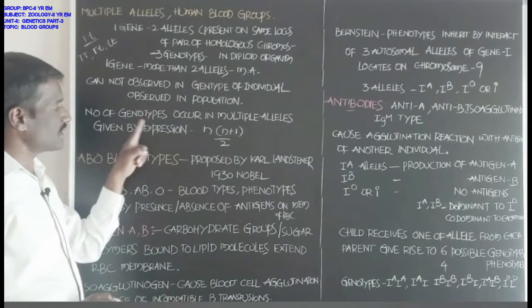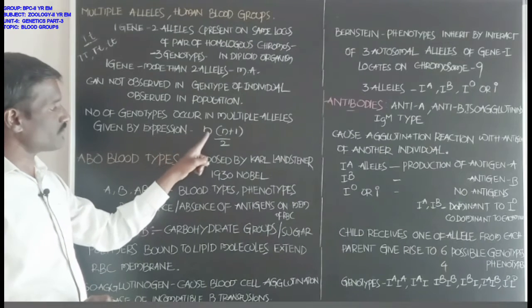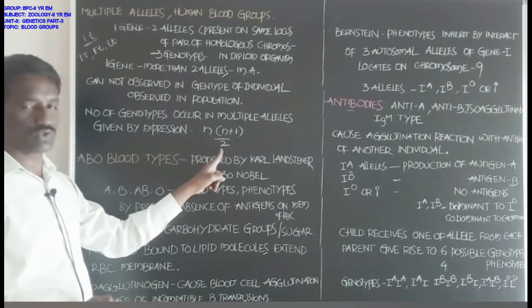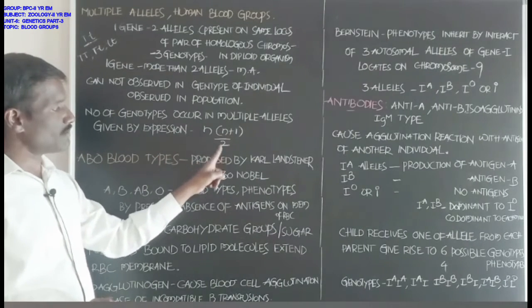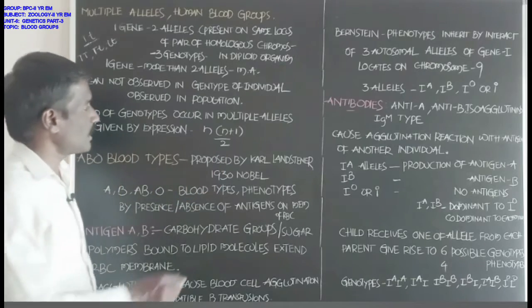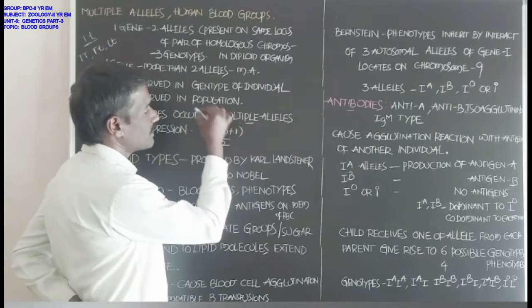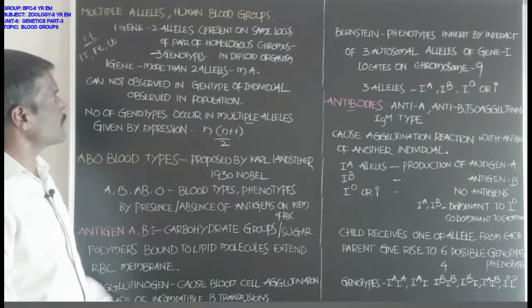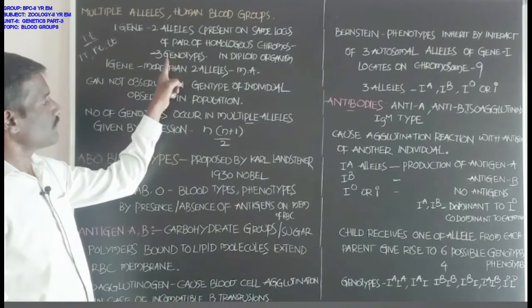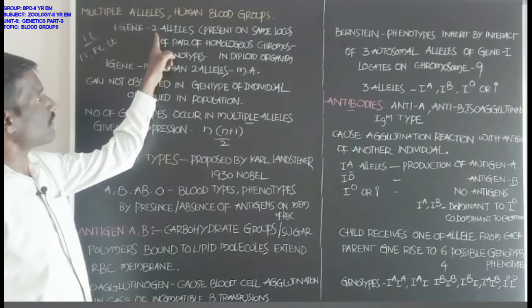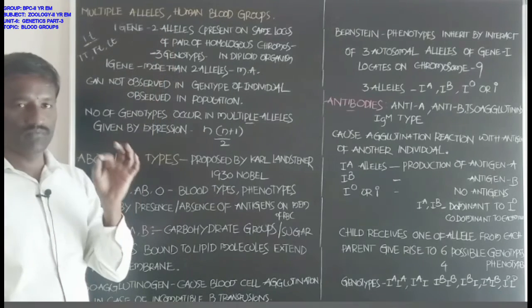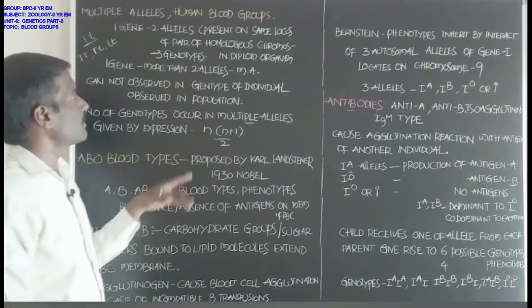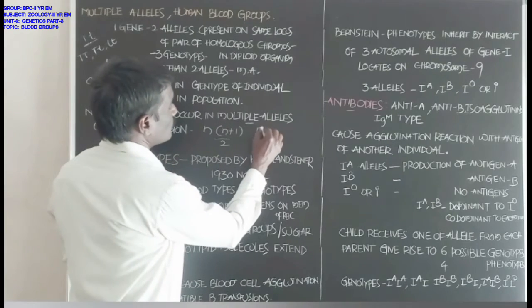By the formula n into n plus 1 by 2, where n is the number of multiple alleles. For example, students, if multiple alleles are 2 in number, n is equal to 2.